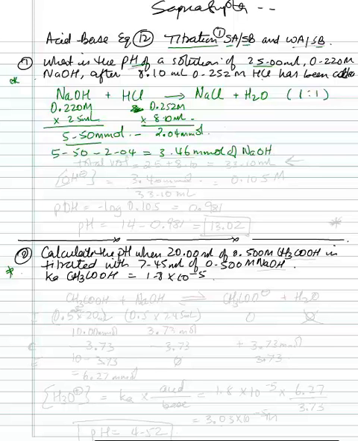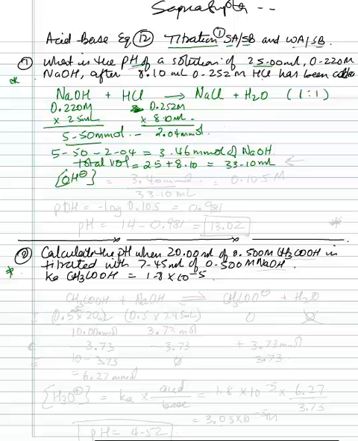That is left. But the key thing here, don't forget, is the total volume, because the volume has changed. It's not the same anymore. You have 25 plus 8.10, which is 33.10 milliliters. And so then you go ahead and calculate the molarity of the hydroxide ion concentration, because that's what you have here.